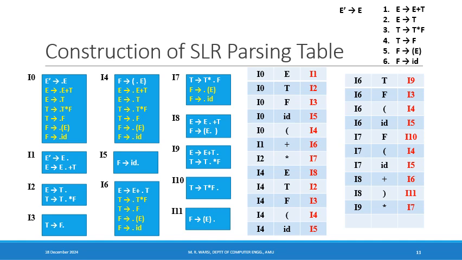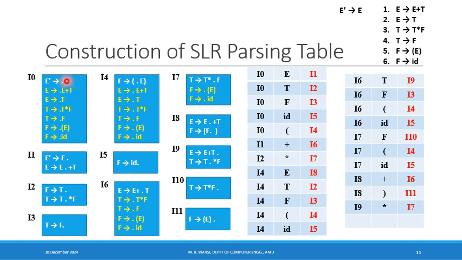Before we learn how to construct the SLR parsing table, let us try to understand the significance of various states. The significance of a state can be interpreted based upon the LR0 items which are there in that state. For example, the I0 state is the initial state, where the parser has not processed any input symbol.